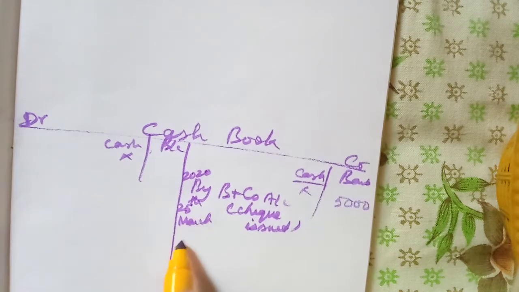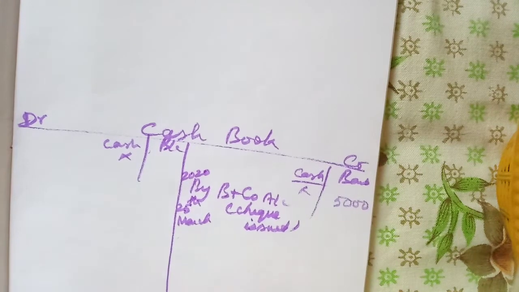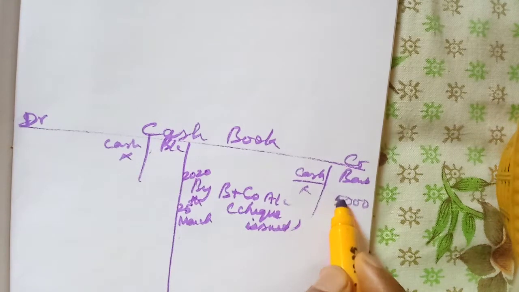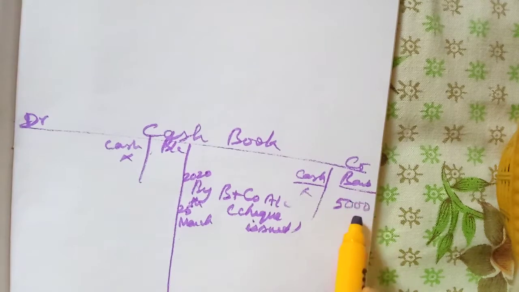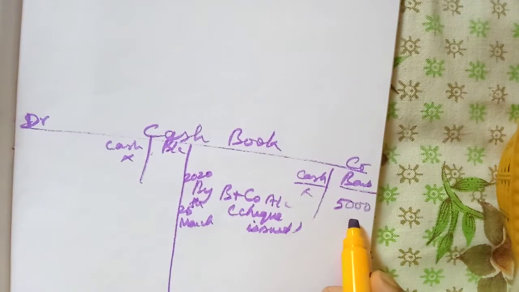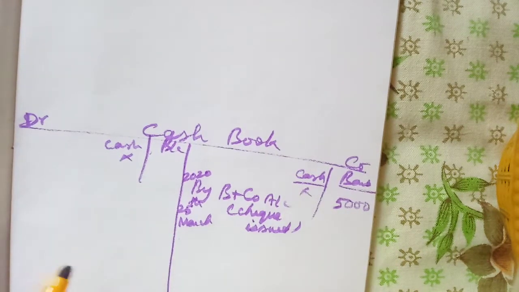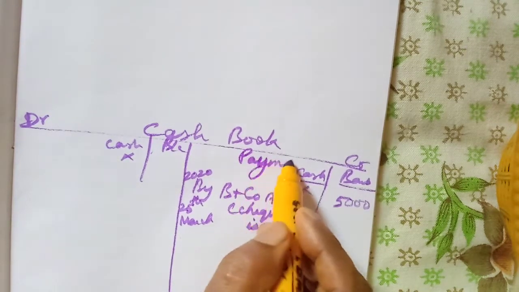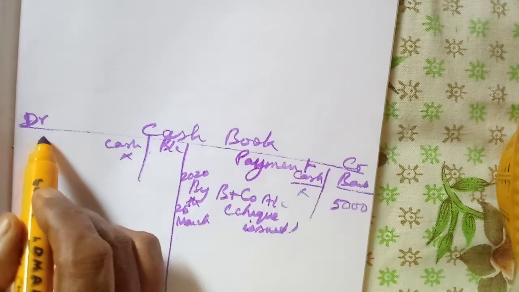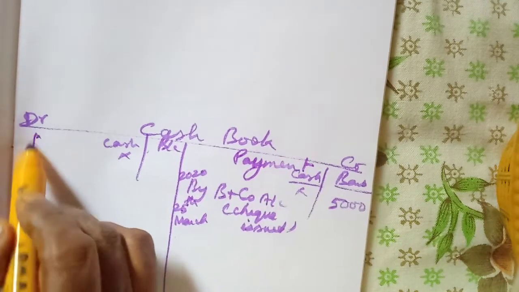So at 31st March we need to close the accounts, isn't it? So here we have credited the bank account, the bank column we have credited. So here the bank will show a lesser amount, isn't it? This is payment, credit. Here, receipts.